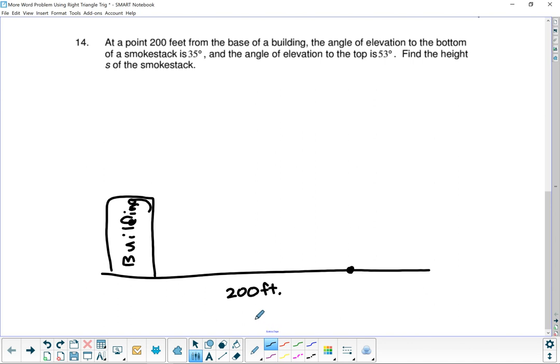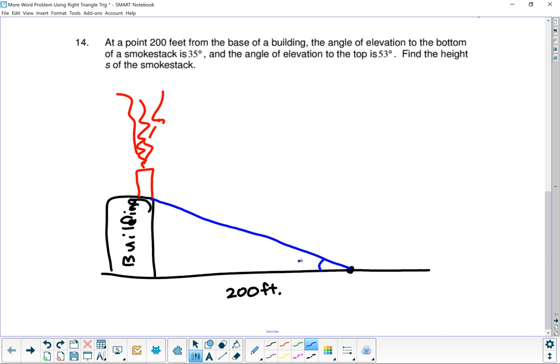And a building, angle of elevation to the bottom of a smokestack. A smokestack is, let's put this in red, kind of like a chimney, right? That's where smoke comes out of. From here, the angle of elevation to the bottom of the smokestack, so if you're looking up, is 35 degrees.